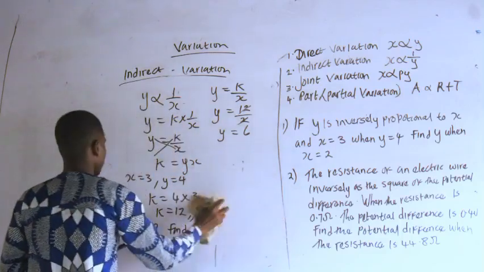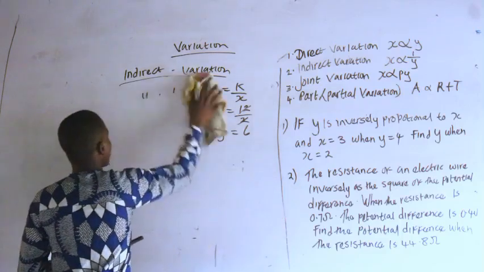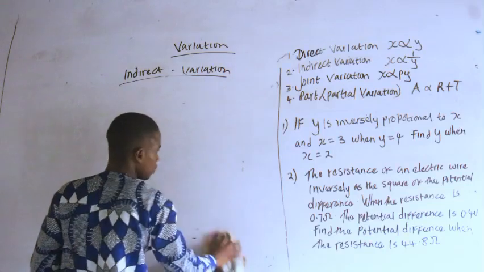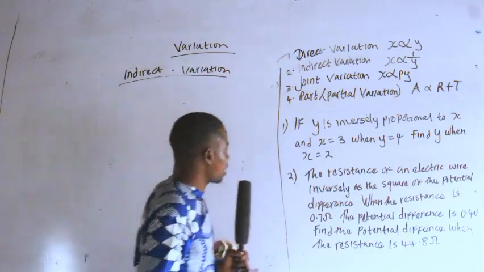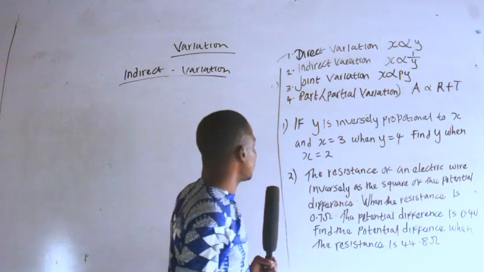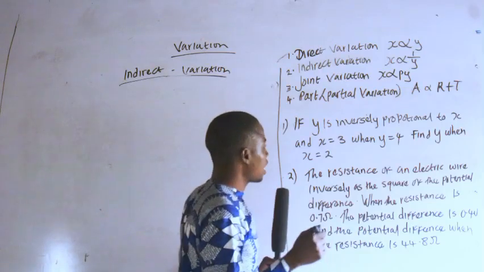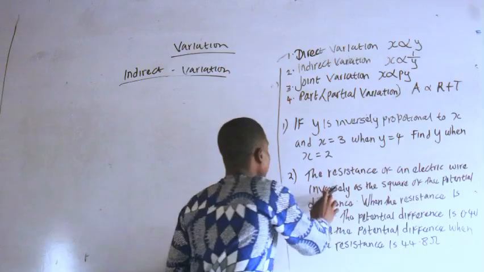This one is very, very simple as ABC. Interpretation is very important. The resistance, this one is under electricity. The resistance of an electric wire varies inversely, do you see?